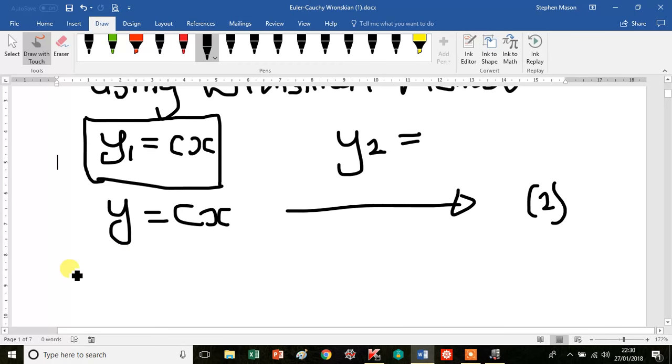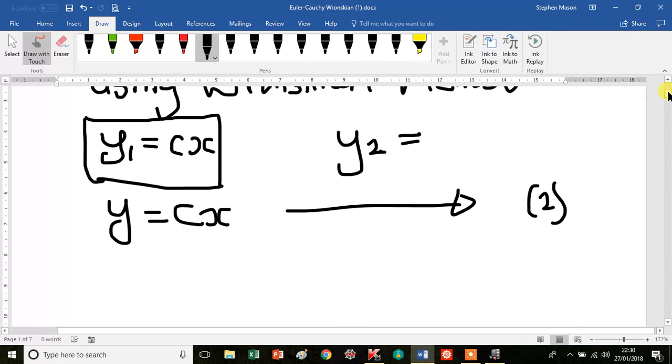Now, usually in examination questions, you might be given this term here, y equals cx, and be expected to then use whatever techniques are at your disposal to find y2 and thereby find the general solution.